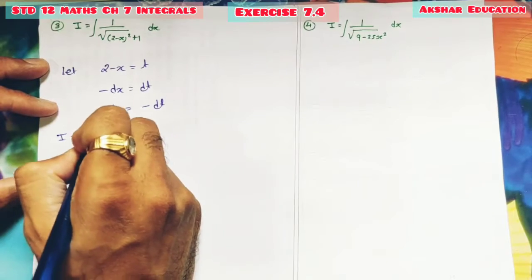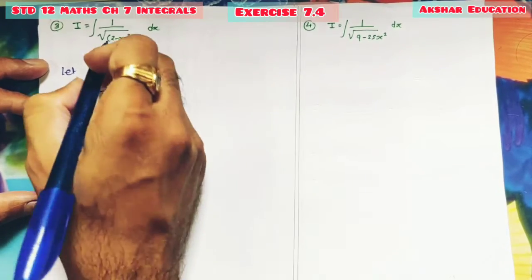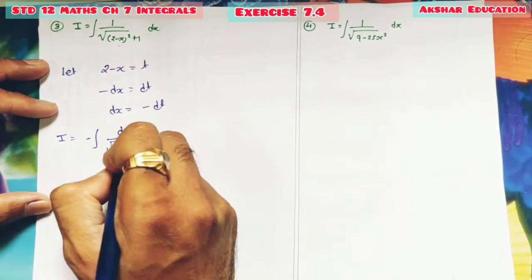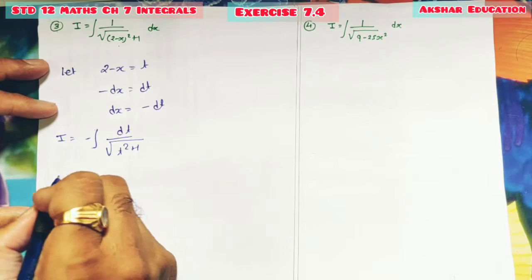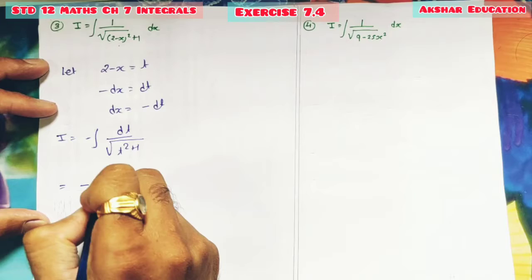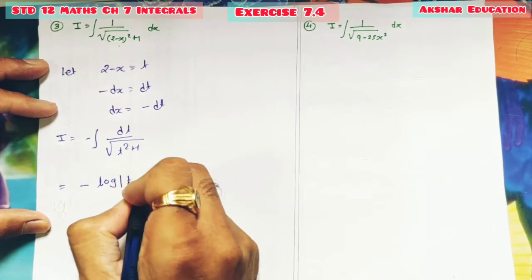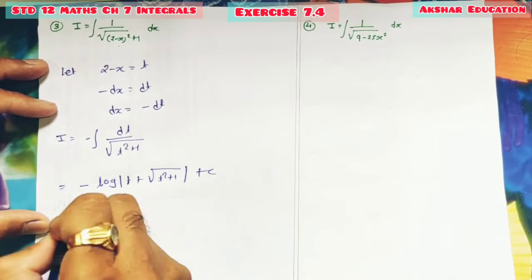So our integration I is minus dt upon square root of 2 minus x. 2 minus x is t, so this is the square root of t square plus 1. Again the previous formula gives minus log mod t plus square root of t square plus 1 plus c, where the minus sign is for this minus.